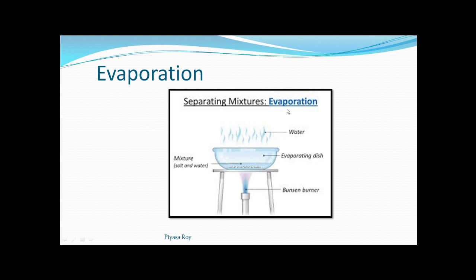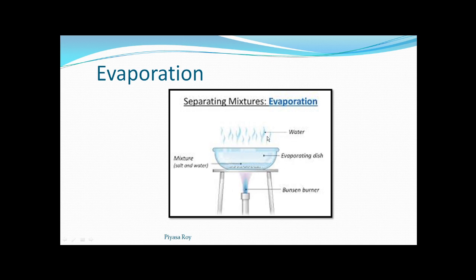Next, evaporation process. This process we can use for separating substances which are soluble in water, like salt and water or sugar and water. So in this process we will be taking the whole solution in the evaporating dish. You can see the dish, and this we will be placing on the stand, and we will be heating this.